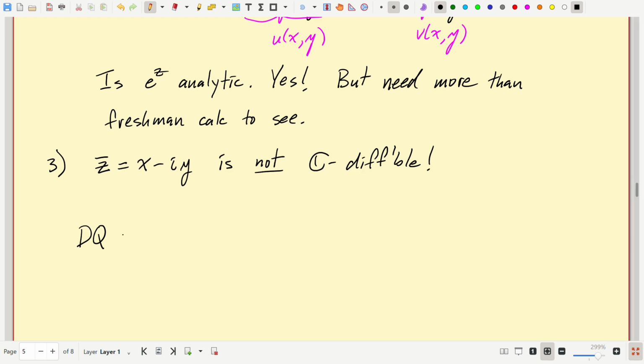Let's take the difference quotient at z equals 0. So that would be z bar minus 0 bar over z minus 0. Of course, that's z bar over z.